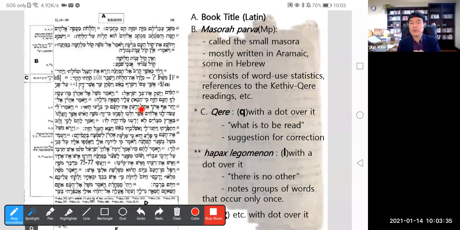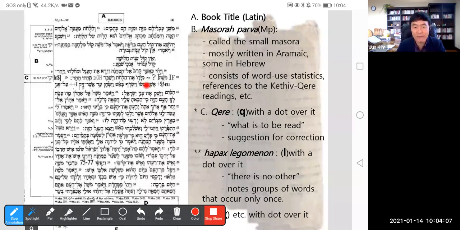What is the difference between Qere and Ketiv? Qere is a suggested word, so it will normally appear in the extra margin like the Masora Parva. But Ketiv is the original written word. So what is the Ketiv here? The word that is taking the circle. In this case, the Ketiv is this one.